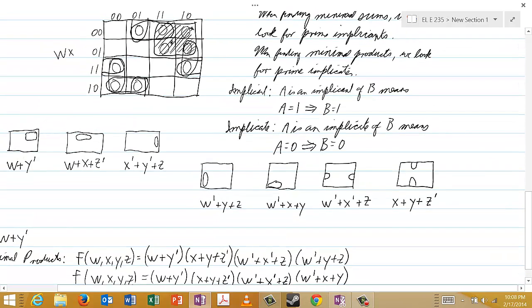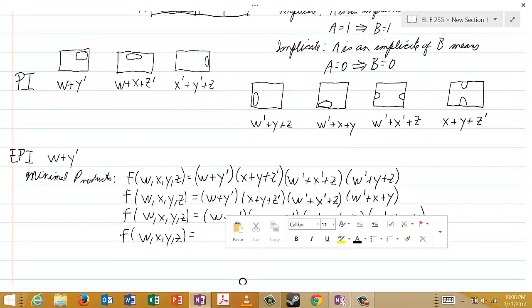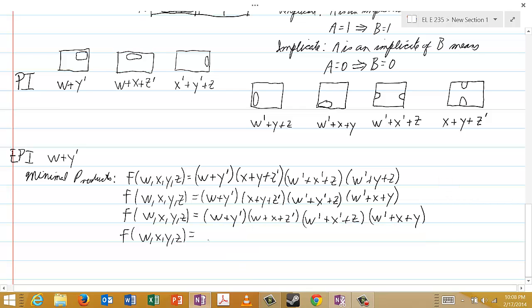And now if you look at that, you may think that that is a complete listing, but if you look very carefully, you can find, I believe, one more minimal product. Once again, just as is the case with every minimal product, it must have what's essential, so that's w or y prime.